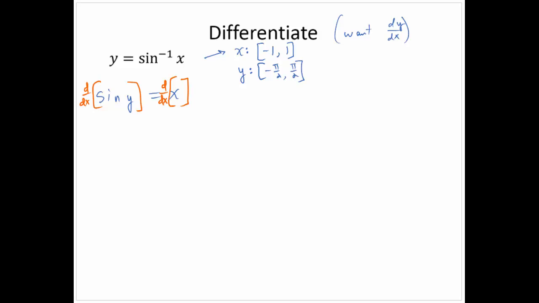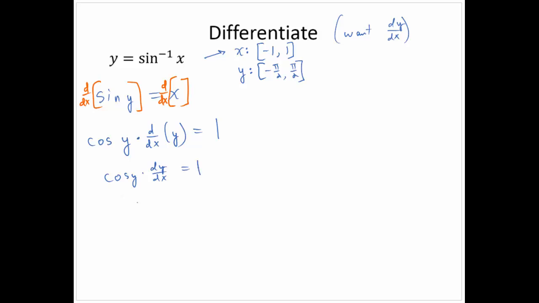D by dx of sine y would be cosine y, leave the inside alone, and then by the chain rule, d by dx of the inside. On the right hand side, d by dx of x is simply 1. And so now I have cosine y times dy dx is equal to 1.